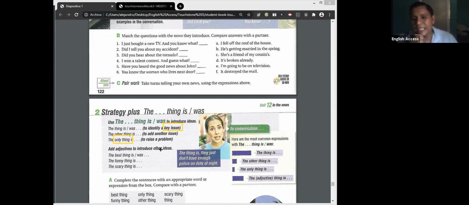Now look at the in conversation, you guys. Here are the most common expressions with the thing is or the thing was. As you can see, the thing is, and the adjective plus the thing is, are the most common in spoken language, in a conversation, of course.